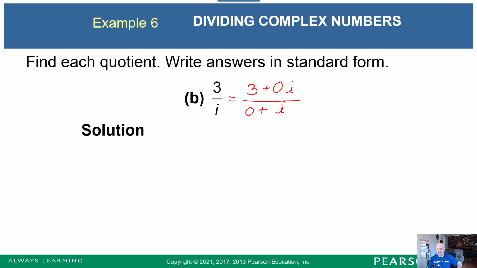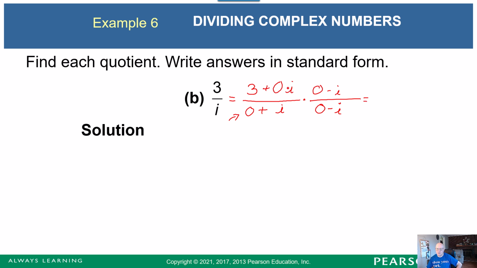Okay, now it should look familiar, maybe. So you need the complex conjugate. Here's the complex number. What's its conjugate? 0 minus i. Is it coming back now? Put the same thing up here and then do the multiplication.